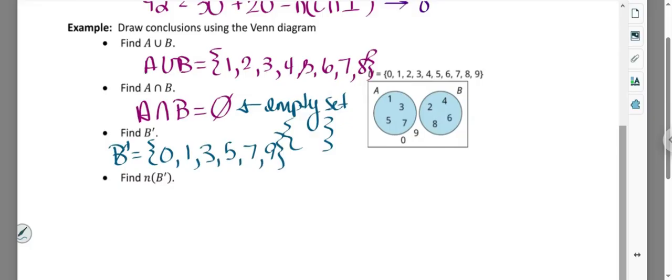So we have the 4 numbers of A plus the 2 that are just hanging out outside of both of them. So the complement of a set is anything that's not in it.